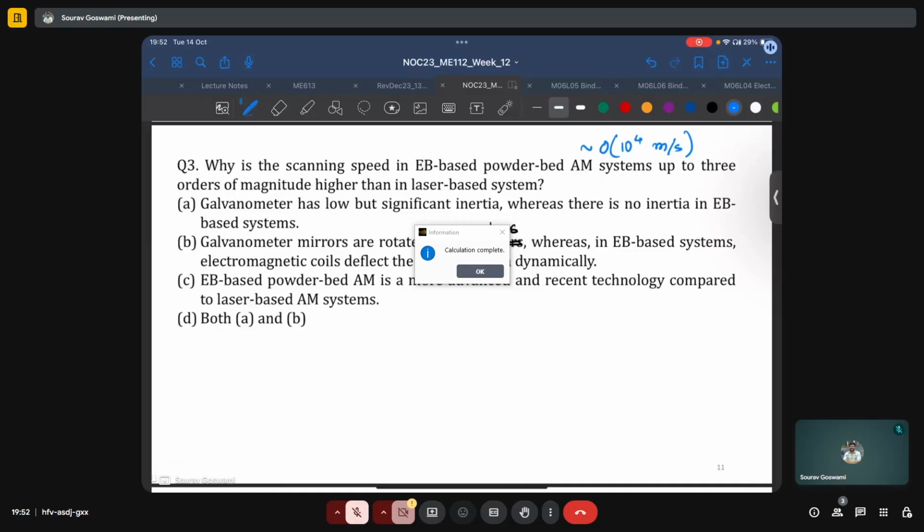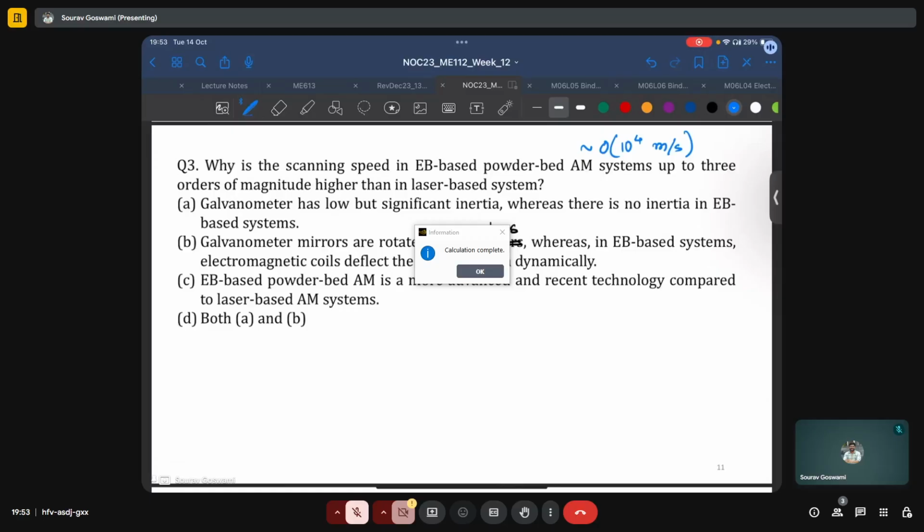The galvanometer has low but significant inertia, whereas there is no inertia in EB based systems. So, we have been discussing how in a galvanometer we have a pair of mirrors which are mounted onto motors, and by suitable deflection of these mirrors we are able to scan the laser beam all over the print bed.